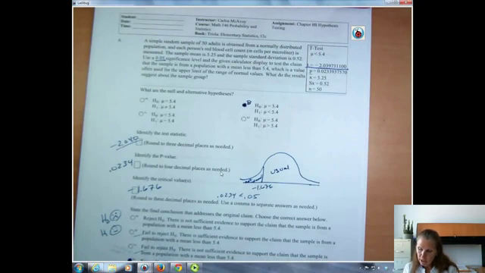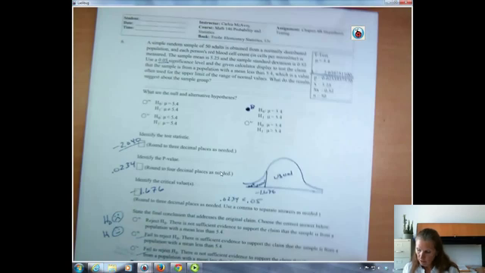Our claim is that the sample is from a population with a mean less than 5.4. And we do think that's true. We said yes to that.